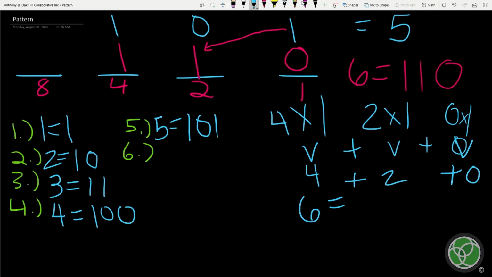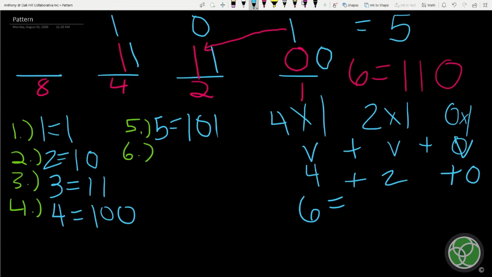So on the binary side, again, just like in our trick, I've turned on number 4. I've turned on number 2. I've turned off number 1 because I don't need it. We're going to take these numbers.